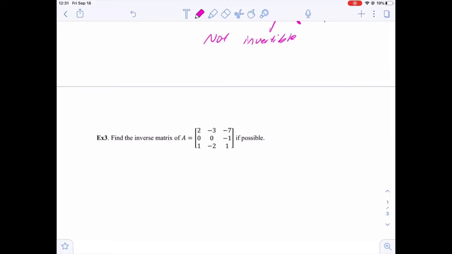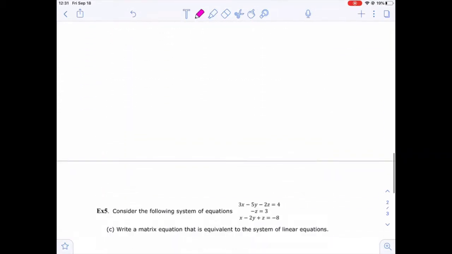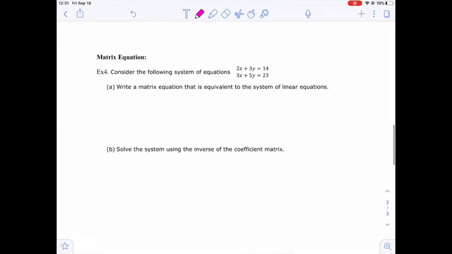We don't have a rule, but we need to use the general method. So how to use the general method? We have 2, -3, -7, 0, 0, -1, 1, -2, 1, or I may make some changes on numbers so that we can use the example here next.